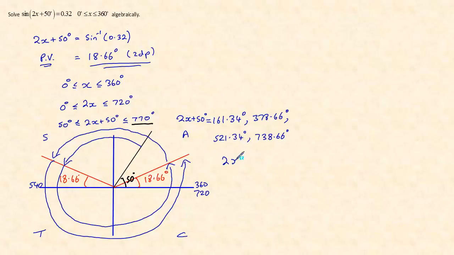So if we want the solutions for 2x, what we need to do is subtract 50 from each one.